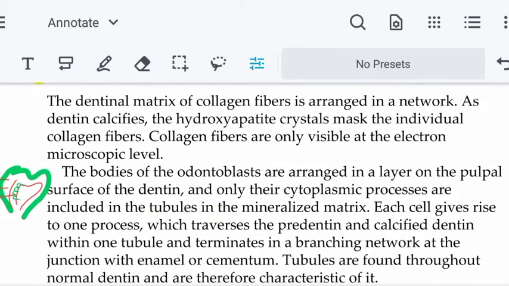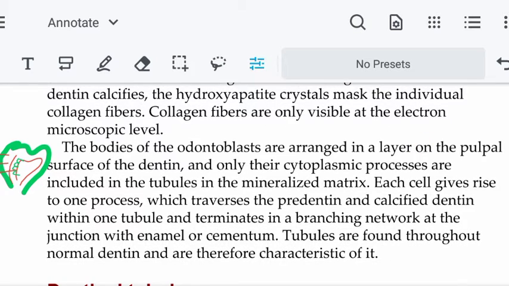Okay, so here the bodies of the odontoblasts are arranged in a layer on the pulpal surface of the dentin, and only their cytoplasmic processes are included in the tubules in the mineralized matrix. I'll show you in the diagrams when it comes.